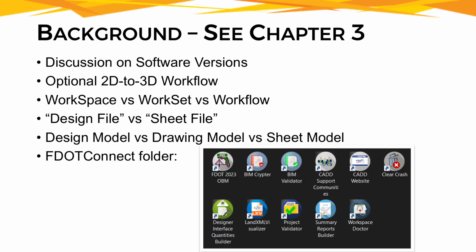For those that are new to OBM, ORD, and MicroStation Connect Edition, I'd like to take a moment to explain the distinction between workspace, work set, and workflow, since we use these words often when working with FDOT Connect.